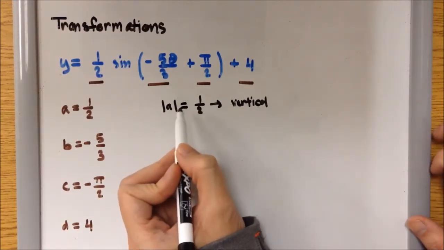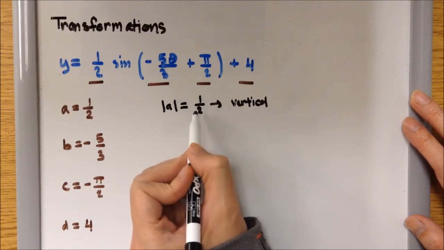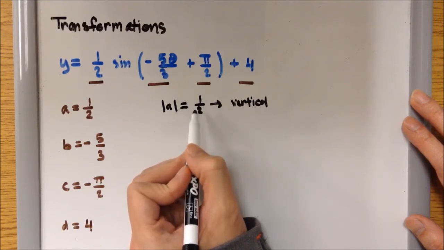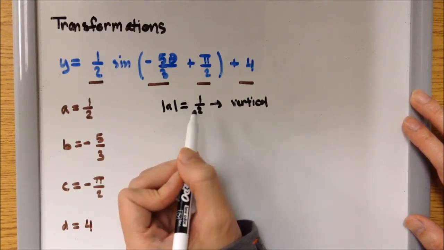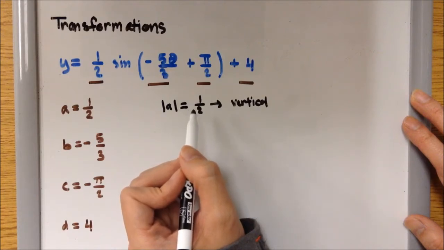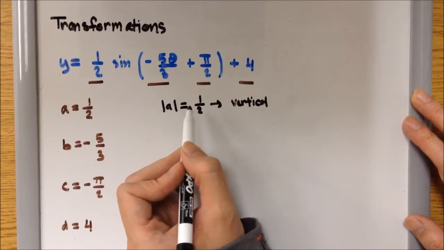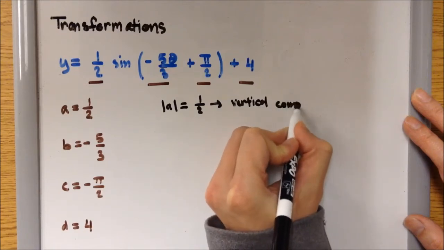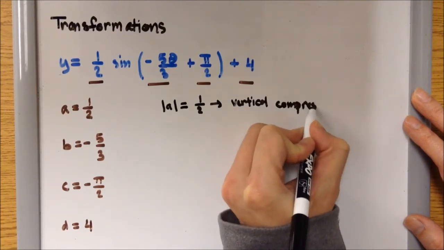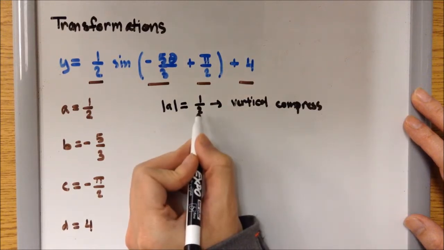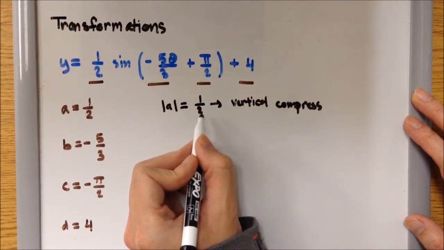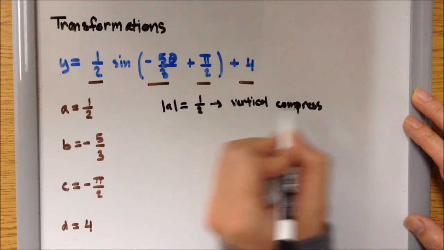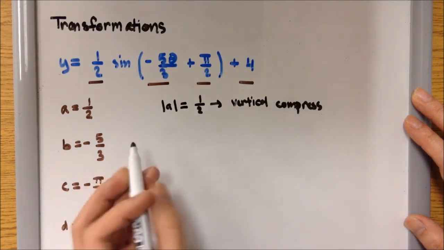Since the absolute value of A is 1/2, which is equivalent to 0.5, between 0 and 1, this is going to be a vertical compress. Again, regardless of whether it's a fraction or a decimal, since it's between 0 and 1, it's a vertical compress. Now let's talk about the B value.